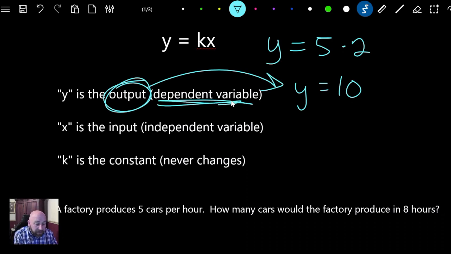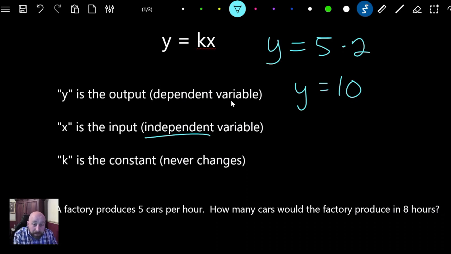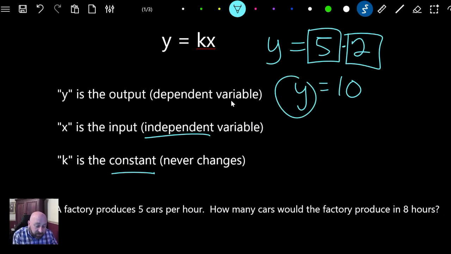Look at this word right here. Dependent. It depends on what? Well, it depends on the independent variable, the x. It also depends on the constant, right? So your solution, your output, is going to depend on your constant, what you're multiplying by, and on your input variable or independent variable, the thing that can change. How many hours did they work?